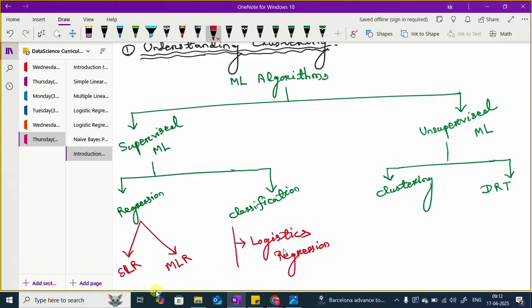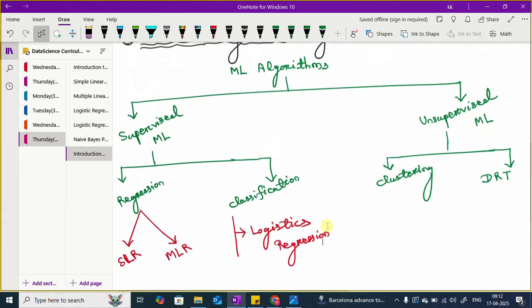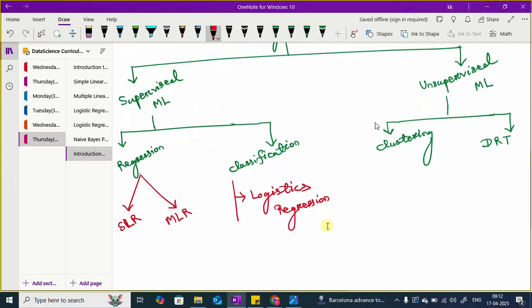So these are the things we have already covered. We have spent a couple of classes. We have extensively seen how simple linear regression works, how multiple linear regression works, how logistic regression works. We have spent a lot more time. Now today we stand here at clustering.